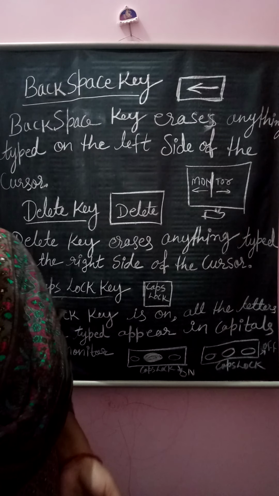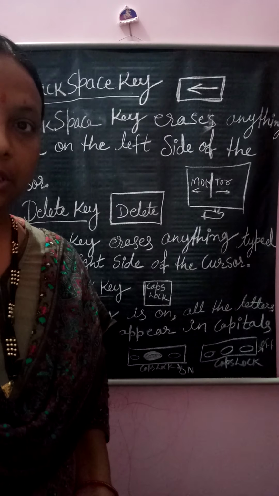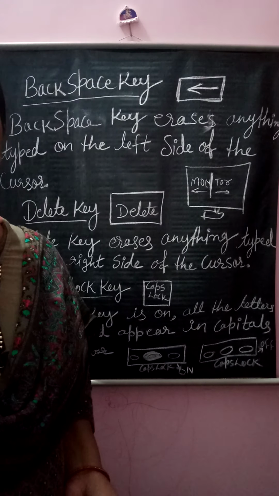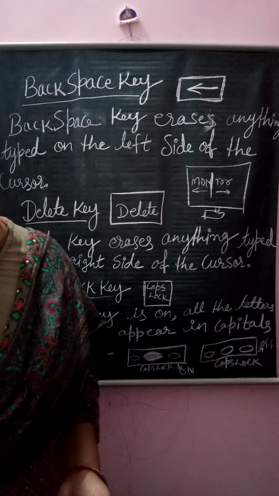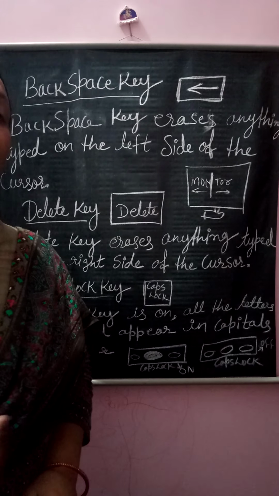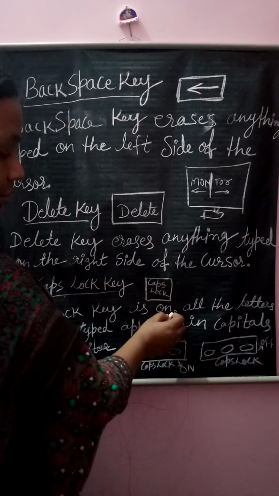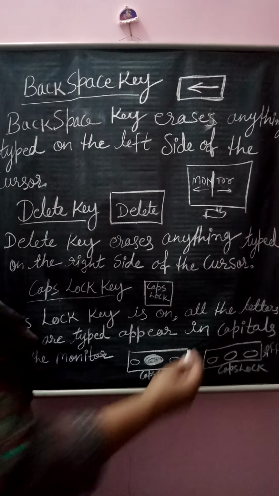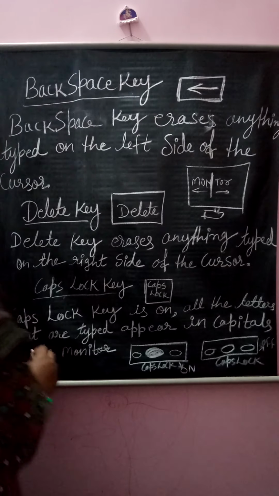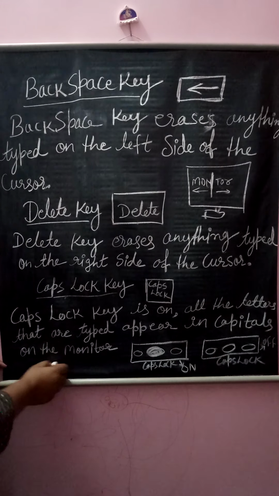But suppose you want to write capital alphabets with the help of the keys. We have a feature in the keyboard that we can press the caps lock key, and the caps lock will be highlighted, and after that your keyboard will become the capital keyboard and start writing capital alphabets. Okay, so just see, caps lock key is on. When the caps lock key is on, all the letters that are typed appear in capital on the monitor.